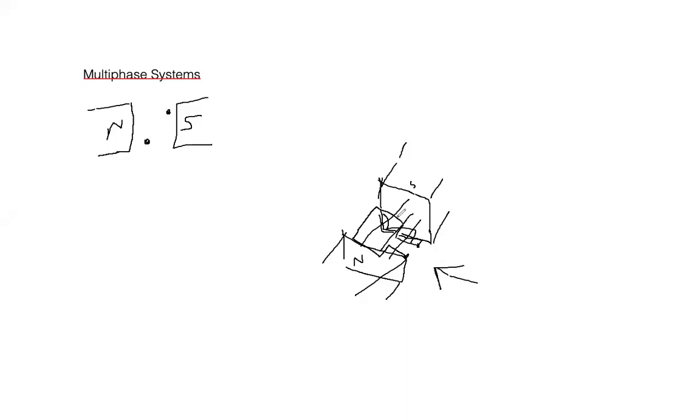Now this was single phase. In multi-phase systems, we are not going to put one coil. We are going to put three different coils that are not connected. So instead of an arrangement like that, let me erase this.